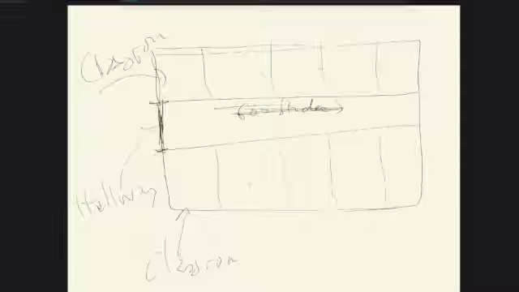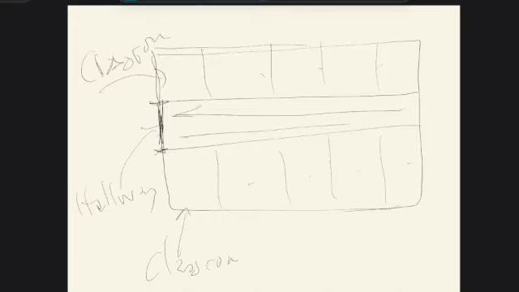There will be traffic of students going this way, going that way. So would a hallway have only 3 feet? Probably not. Would a hallway have 100 feet?